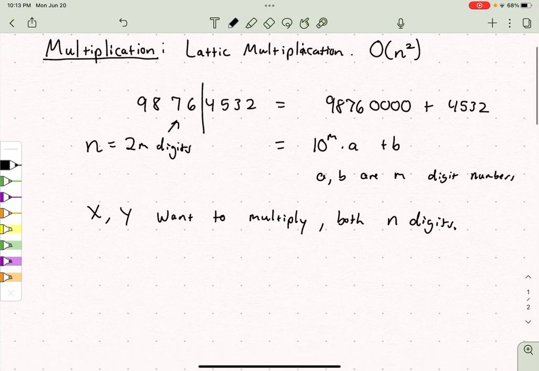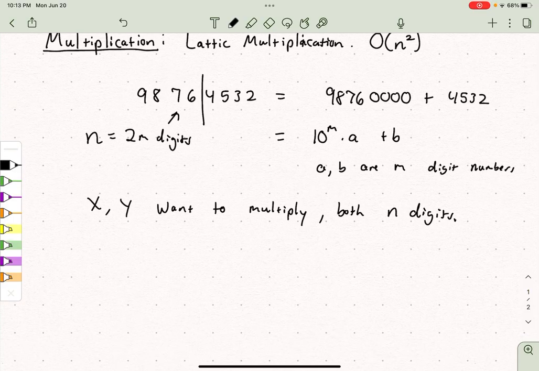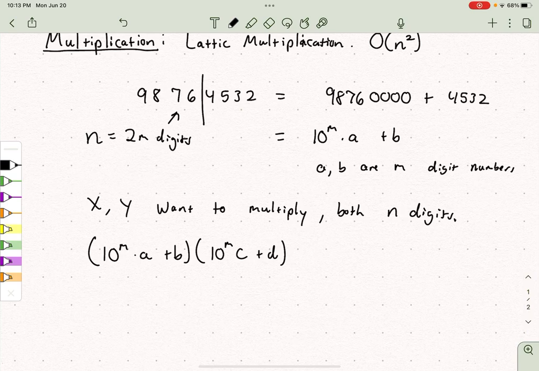The first thing we could do, instead of multiplying them directly, is consider the expanded forms, 10 to the m times a plus b, and 10 to the m times c plus d, of x and y. This one's x. This one's y.